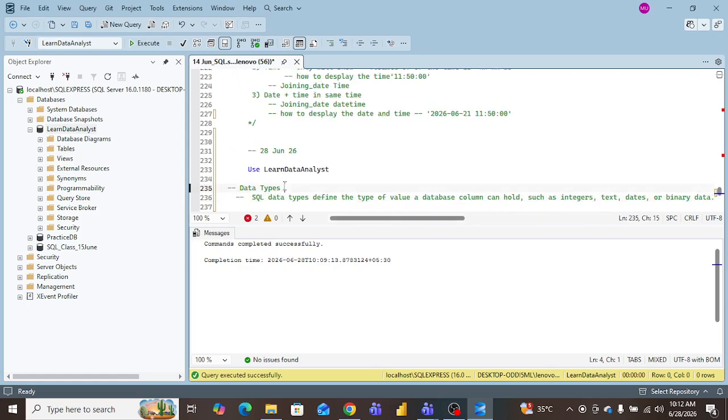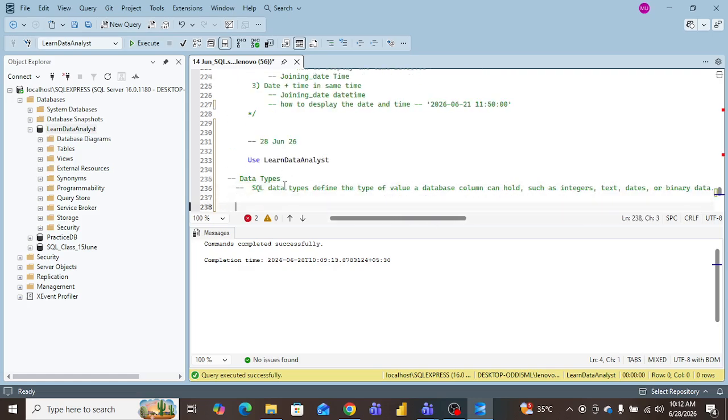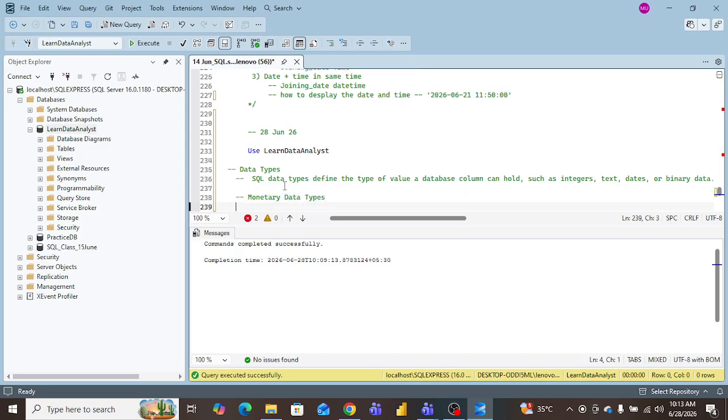We have already done the other data types, so today we have to learn monetary data types. What does it mean? Monetary data types, any idea?